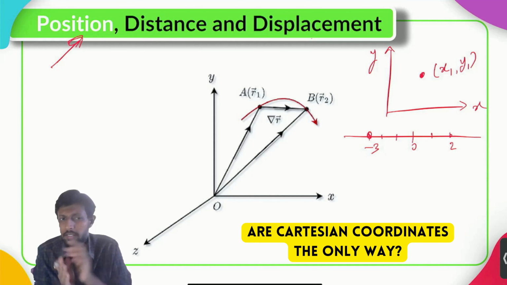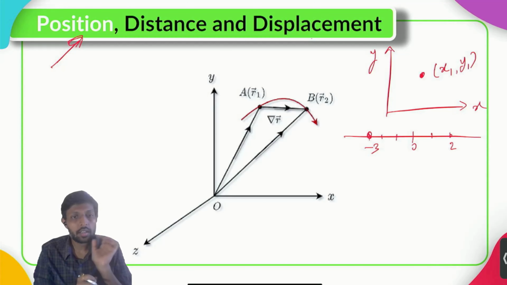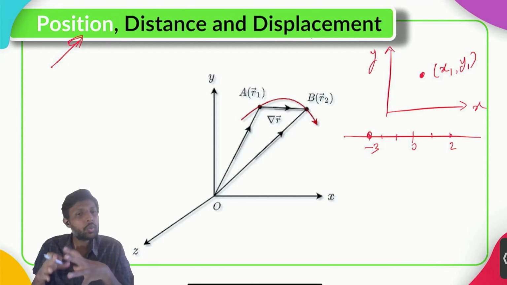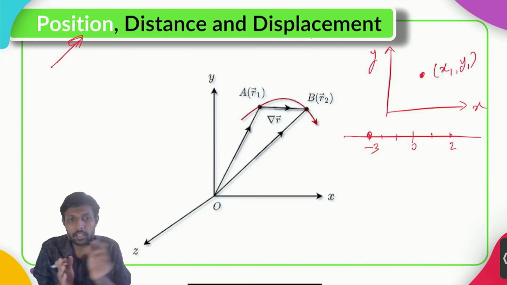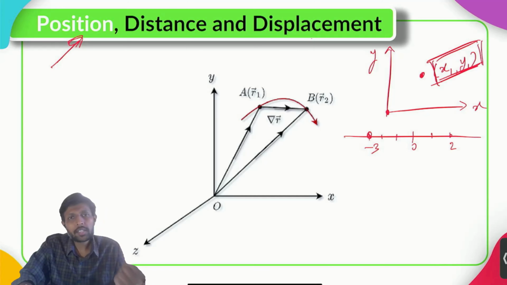X and y coordinates are definitely one of the ways to represent position of an object. We are going to get introduced to a new way of representing position. It's called a vector. So let's see what is a vector.